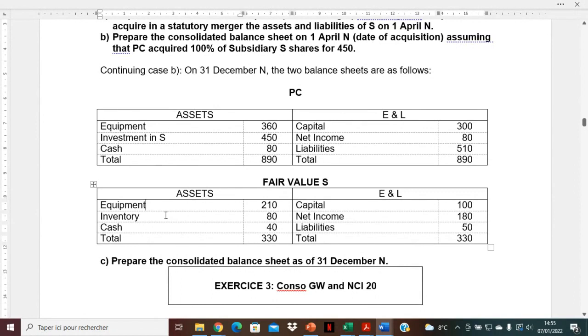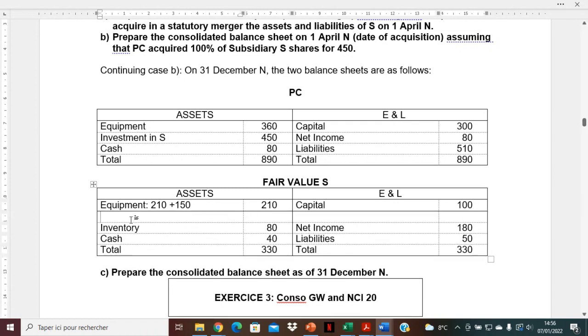That means here, I have at the end of the year an equipment value of 210, but I remember upon acquisition, there was a valuation difference of 150. And therefore, I need to integrate the 150. I remember also there was a brand name. Brand name and acquisition cost was valued with 100.